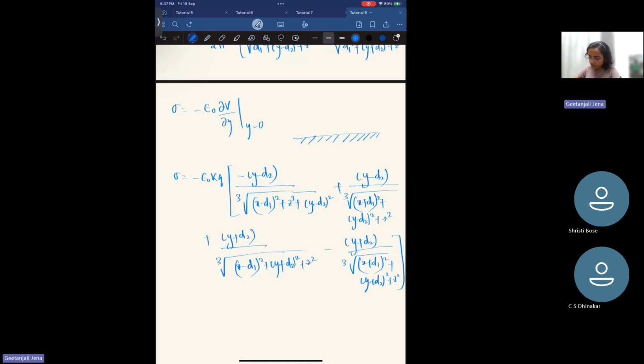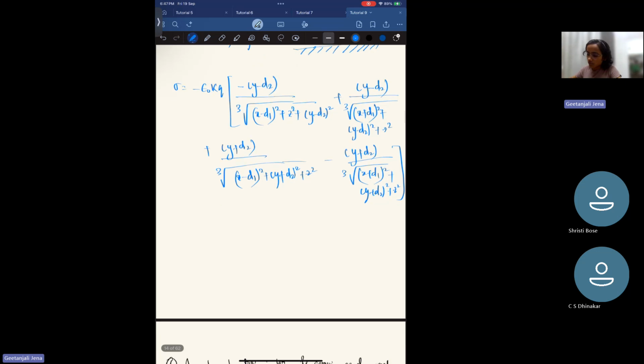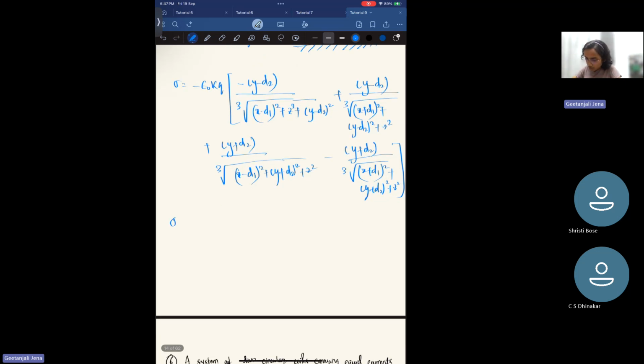So put the value of y equal to 0 here. So let me write the final sigma you will get. Finally, you will get q d2 by 2 pi 1 by square root x minus d1 square z square plus d2 square minus 1 by square root x plus d1 square d2 square plus z square.